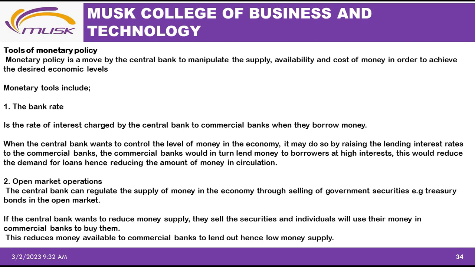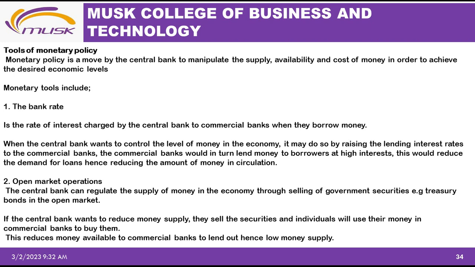If we want to reduce the money in circulation, the central bank is simply going to raise this rate. And when it raises this rate, it means that the commercial banks will have a lesser amount of money to be able to lend.